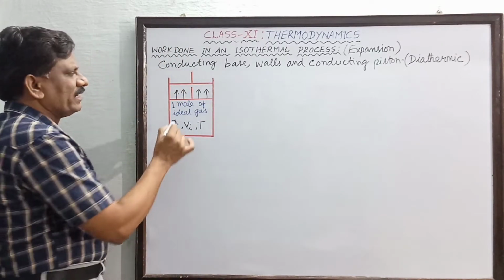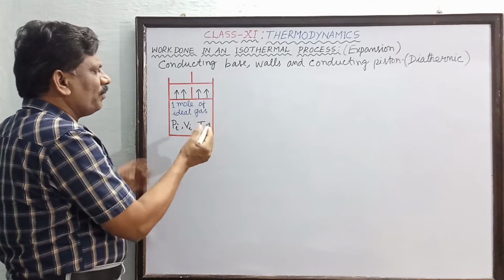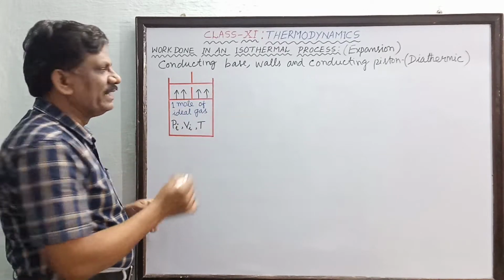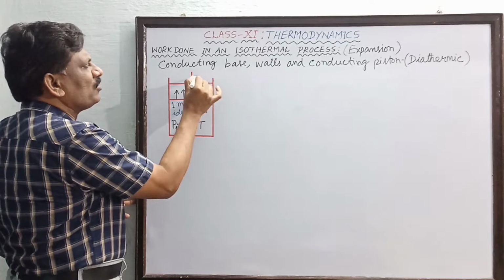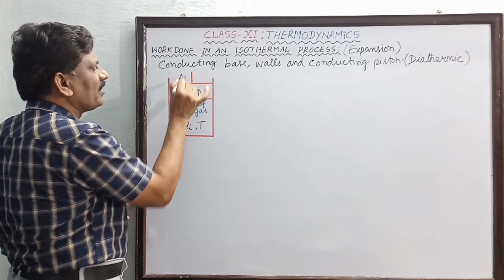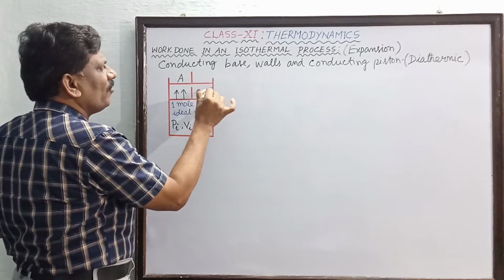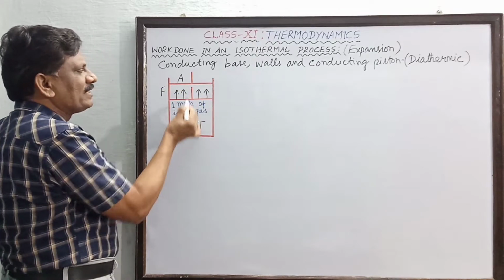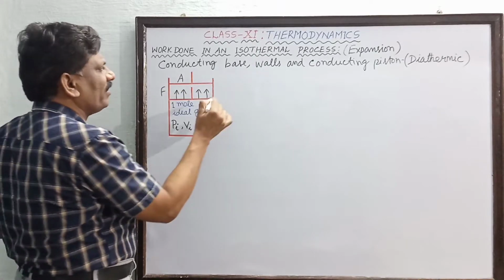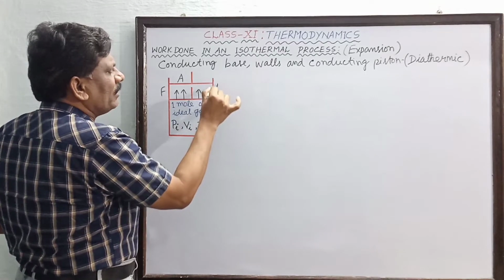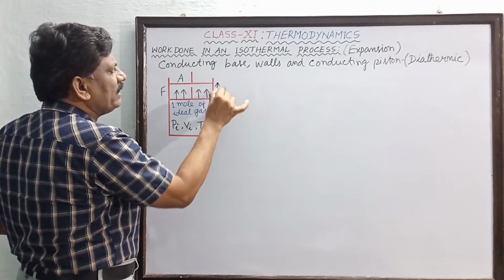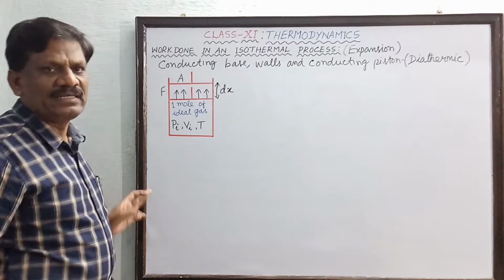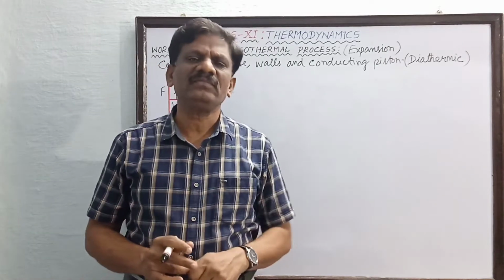So let us take that the gas is now pushing the piston upward. This is the new position of the piston, whose area of cross section is A, and the force exerted by the gas on the piston is F. The piston is moving through a distance dx in the upward direction.